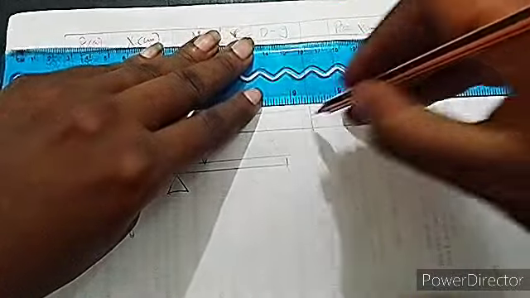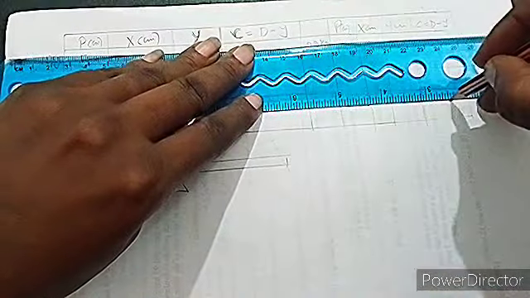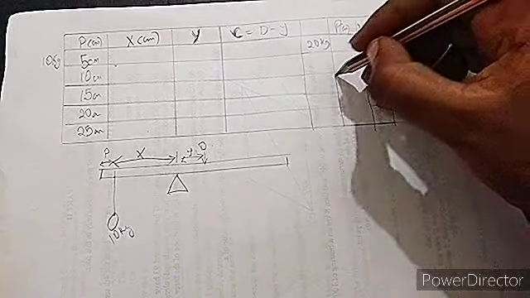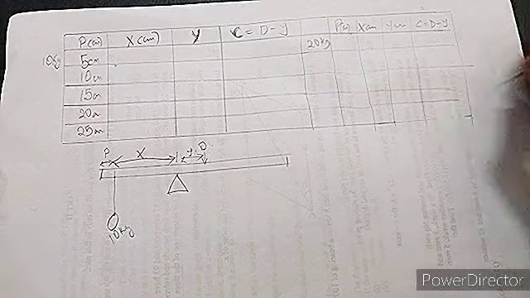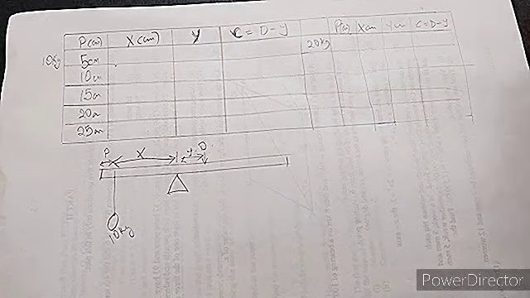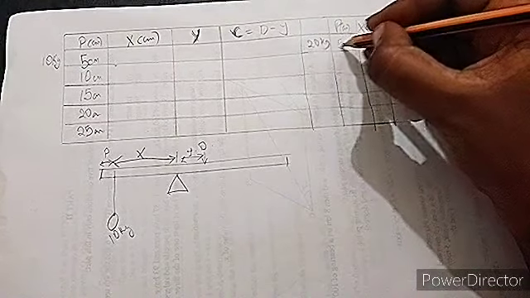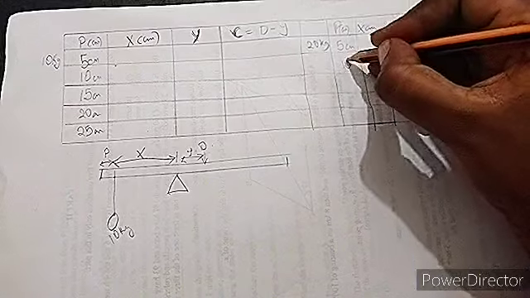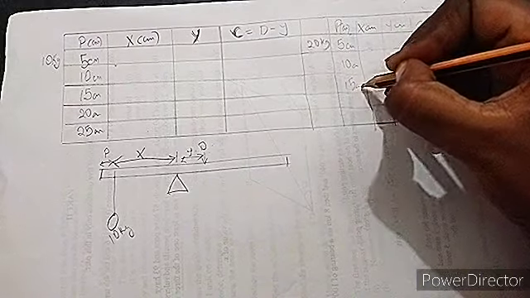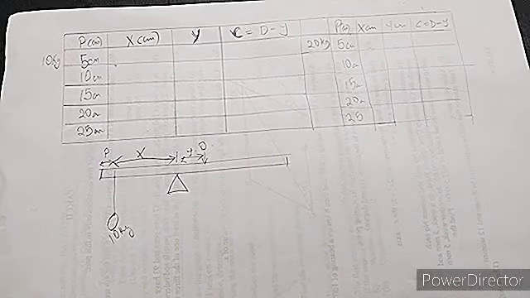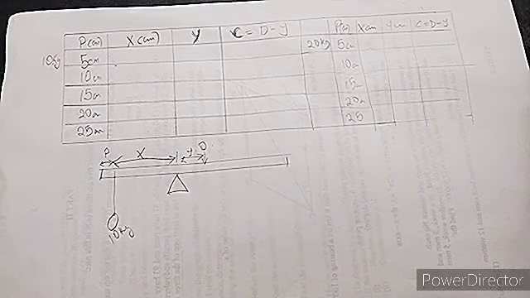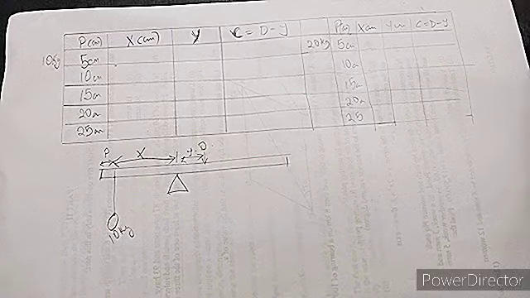So if we are given 4 masses, that means we're going to have 4 tables. The number of masses given is the number of tables that we will have. Okay, so we'll do the same for 5 centimeter, 10 centimeter, 15 centimeter, 20 centimeter, 25 centimeter. Right?